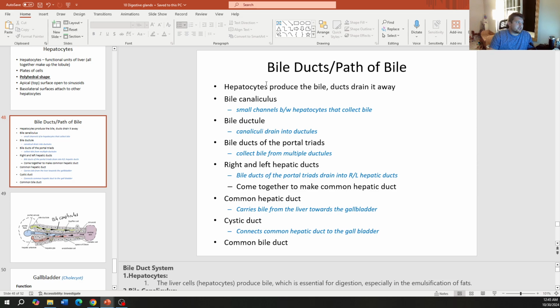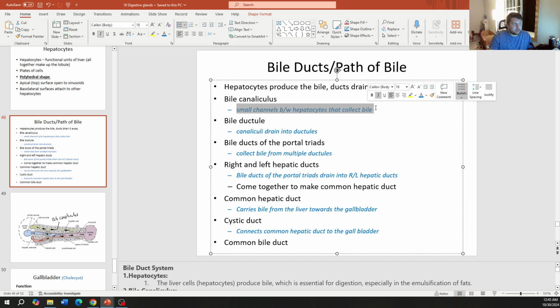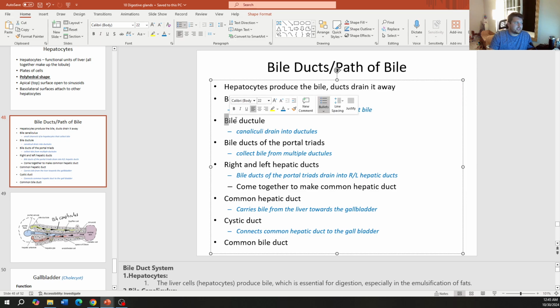So here's the process. The hepatocytes produce the bile and ducts drain it away. We have what are called bile canaliculi, or canaliculus when it's singular. These are small channels between the hepatocytes that collect bile. These drain together into a bile ductule, and then those drain together into the bile ducts of the portal triads.